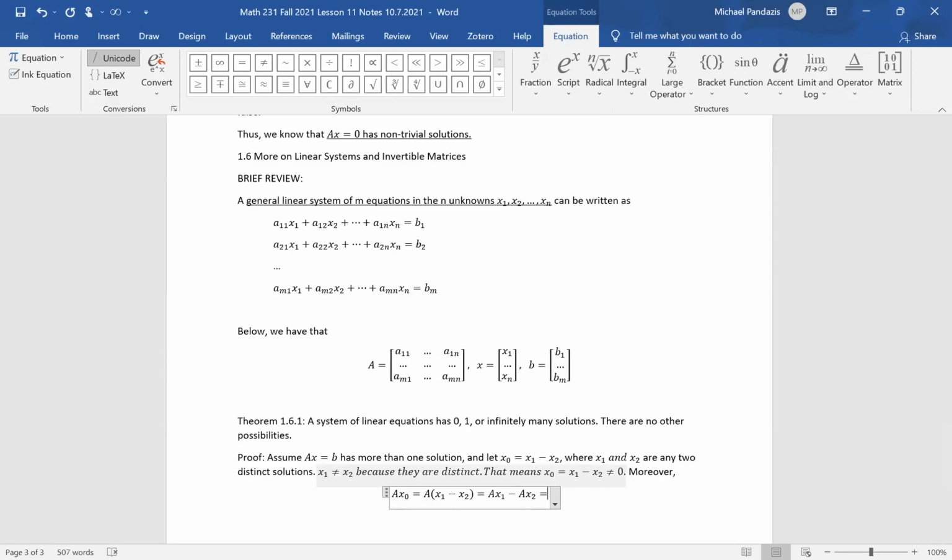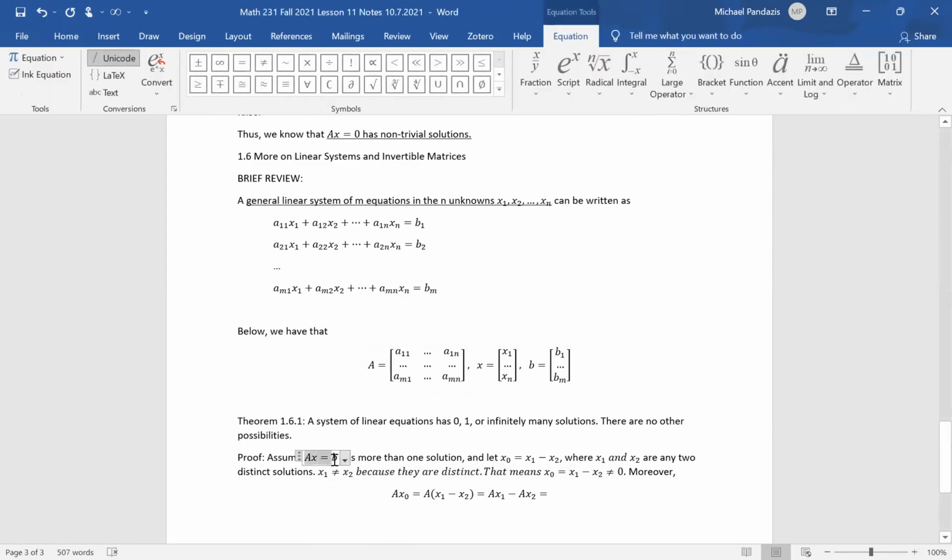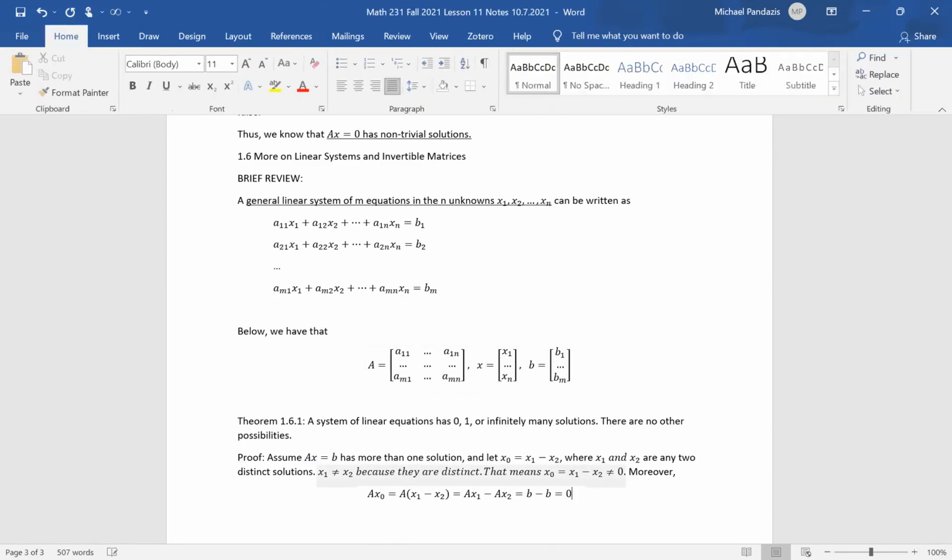We know that x1 and x2 are solutions to the equation Ax equals b. As solutions, just like in regular algebra, x1 is something you can plug in for x where that equation holds. So Ax1 equals b and Ax2 equals b. That means Ax1 minus Ax2 is b minus b, which is 0. So we just showed that A x naught is equal to 0.